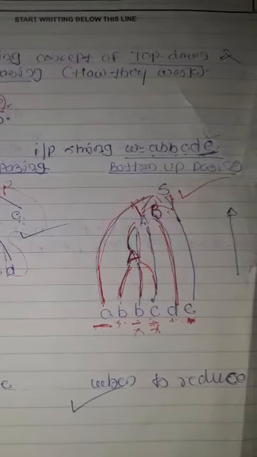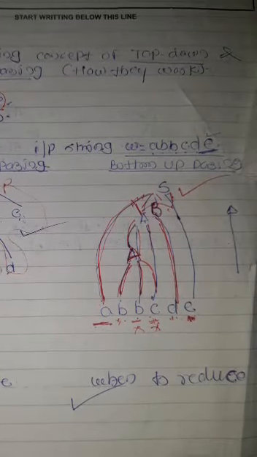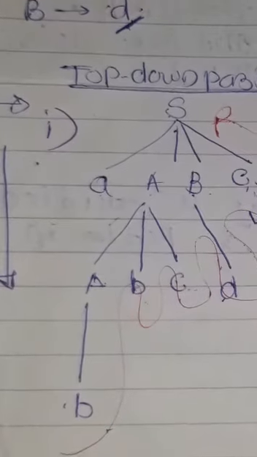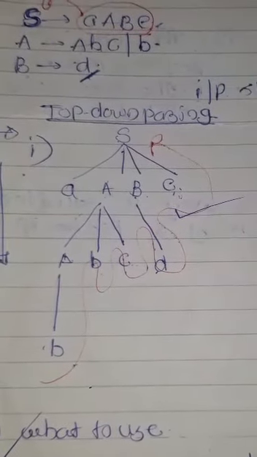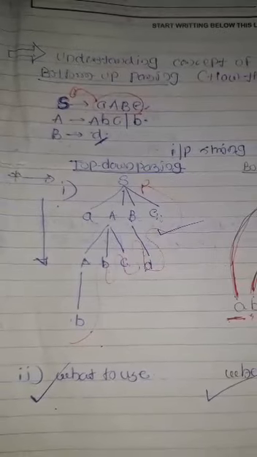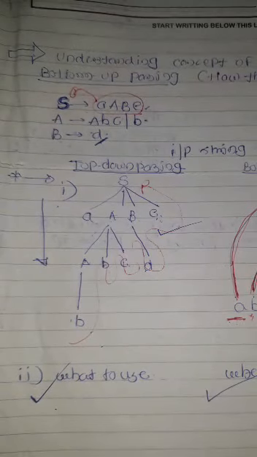So the input string is a, b, b, c, d, e. So here a is there, b, b, c, then d, e. What we see over here is that we started from the starting node and reached the terminal or leaf node. Now the same example, but we will solve it with the help of bottom-up parsing.